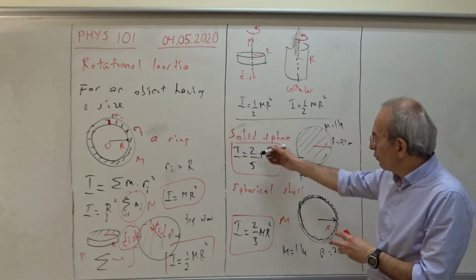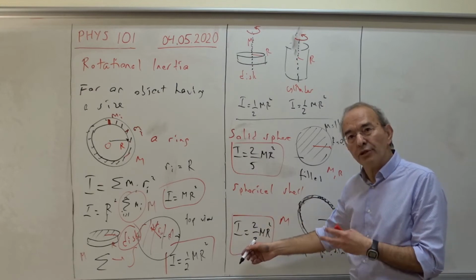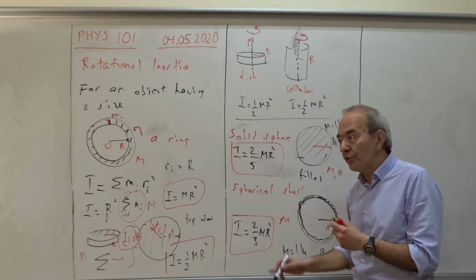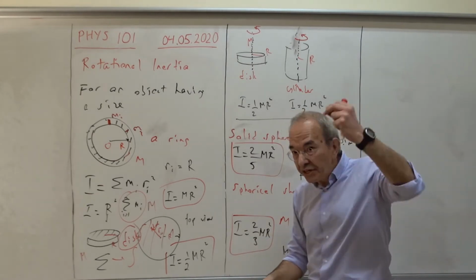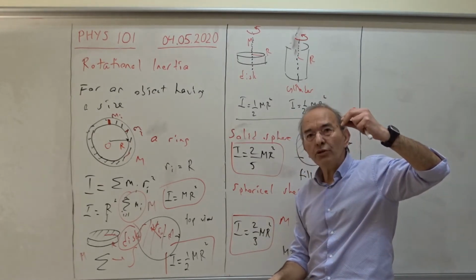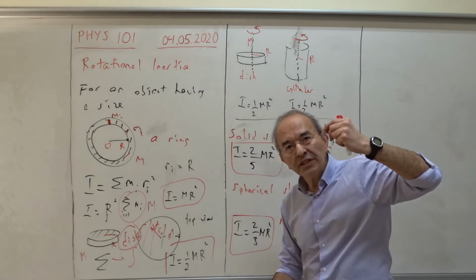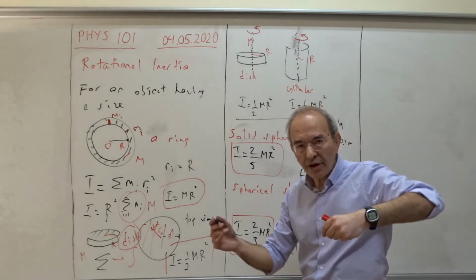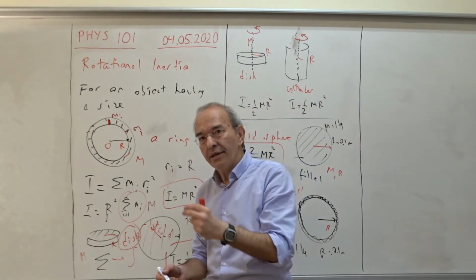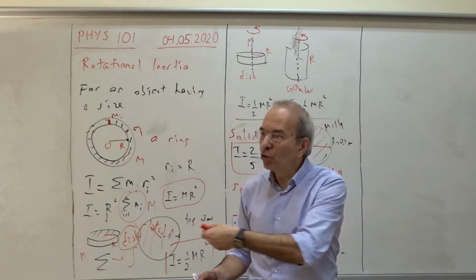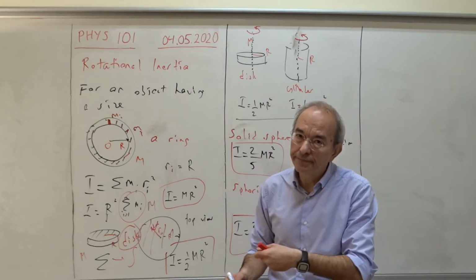However, as we see from the calculated results, it is easier to turn this first object than the second, because remember, always, the greater the inertia value, the more difficult it is to turn it around that axis, just like the mass. The greater the mass, the harder it is to pull it or to push it.